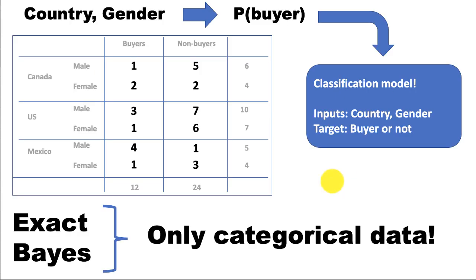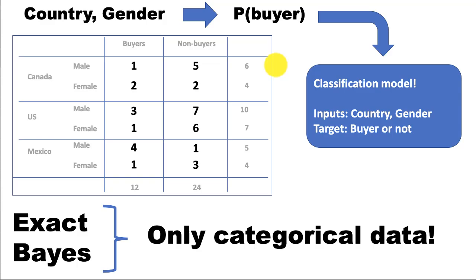The only problem here is that this can be used only when you've got enough cases for each combination of the predictor attributes. Suppose, for example, here, Canadian male, well, you've got only 6. Out of that, you're making a prediction. That may not be quite good. Whereas if you had 50 here, then you may say, well, that is quite representative.